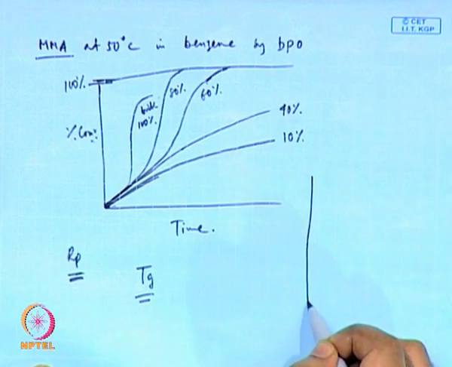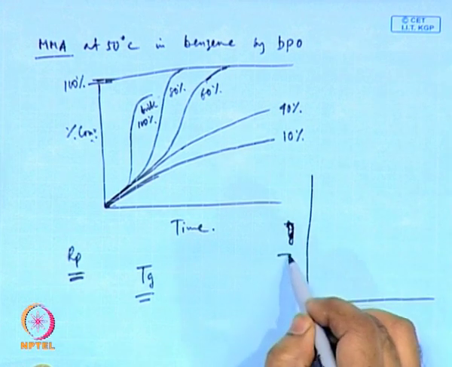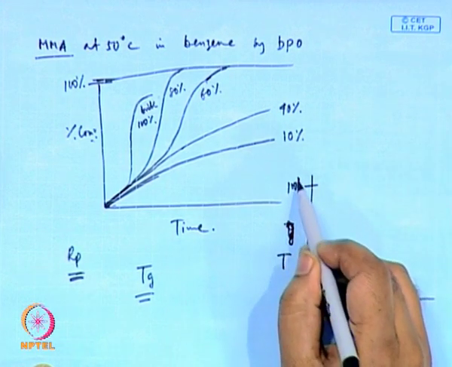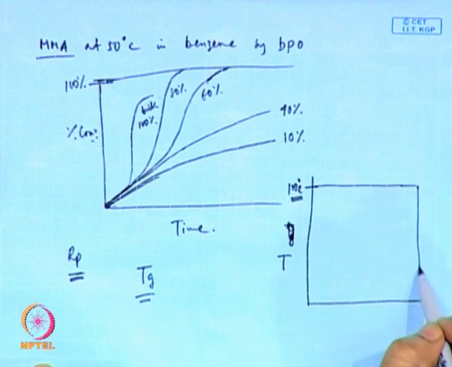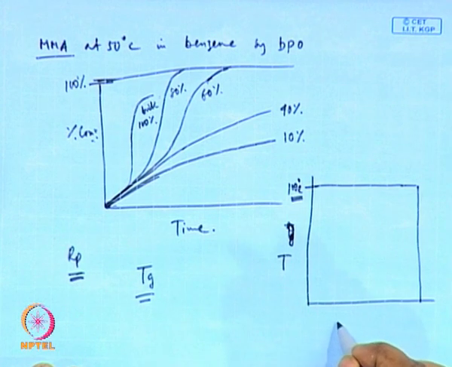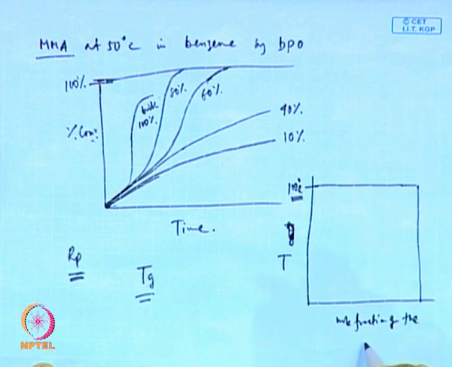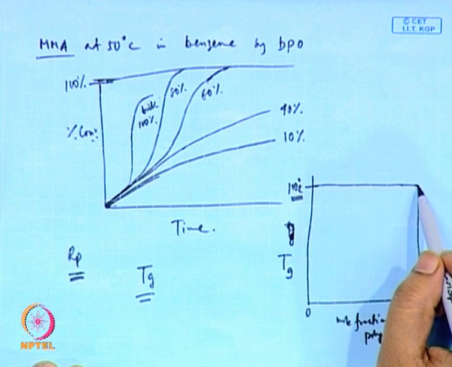So, if this is temperature and this 100 degree centigrade is your Tg for PMMA in this case, and this is mole fraction of the polymer, see, if the mole fraction of the polymer is 1, then the Tg would be 100 degree centigrade for the pure polymer.